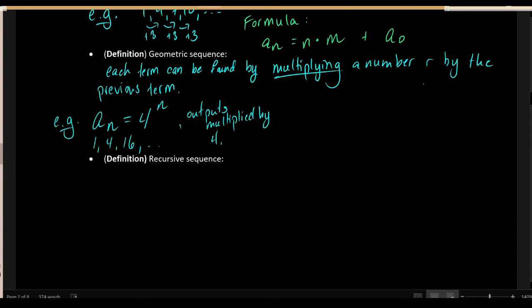For arithmetic sequences, the number that was added each time was called the common difference. For geometric sequences, the number that is multiplied each time is called the common ratio.